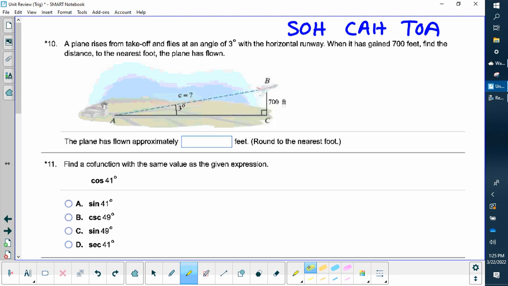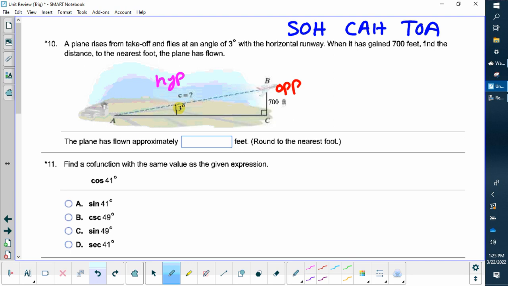Okay, here is my reference angle. Name stuff again. This is across from it. We're going to call it opposite. This is across from my 90 degrees. We will call it hypotenuse.